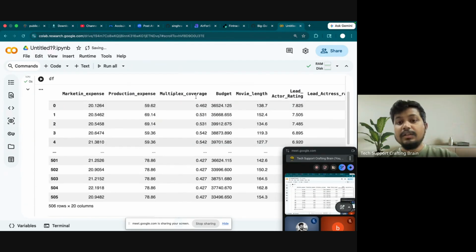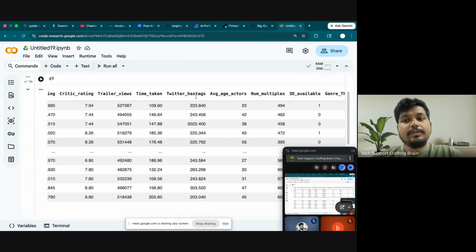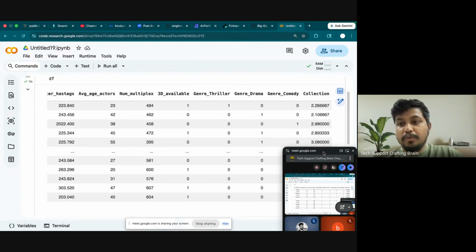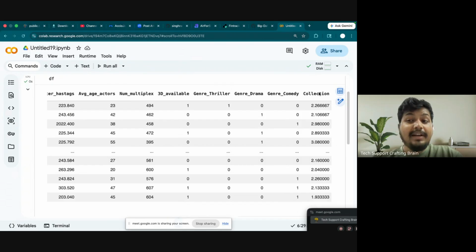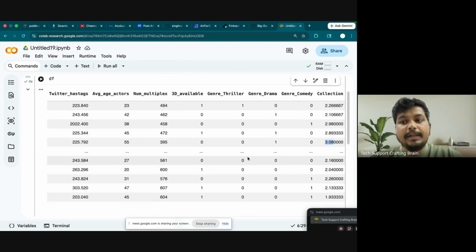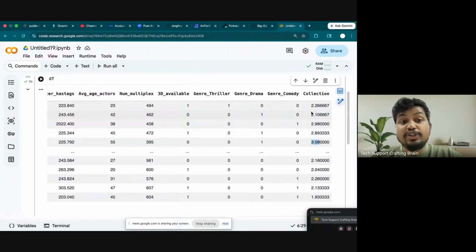This is the movies data, and we have a collection of the movies. This is in millions: $2.26 million collection, $2.10 million collection, $2.98 million, $2.893 million. This is the collection of the movies over time. We are predicting the collection of a movie.